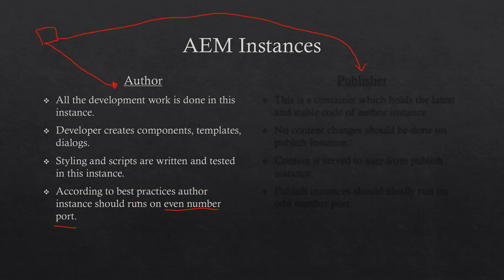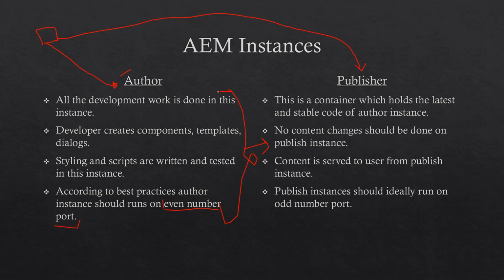There is no hard and fast rule, but it's a standard practice that many developers follow, and it became a rule now. So any backend development, anything that you want to do, even debugging, even if you want to test something, would be initially done in author. And once you're happy with the implementation, development, debugging, or any patch that you have applied, this entire development is pushed to something called publisher.